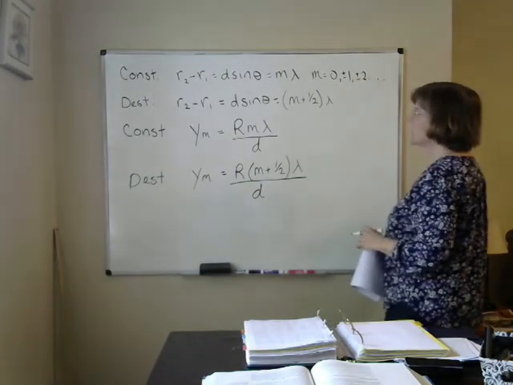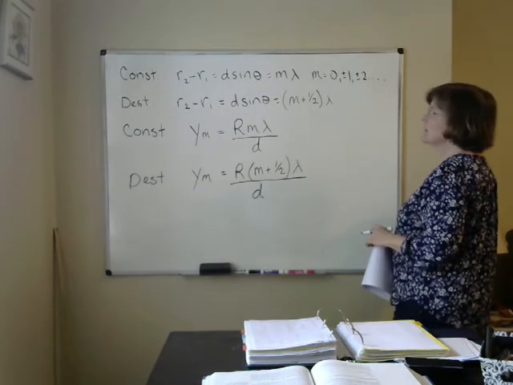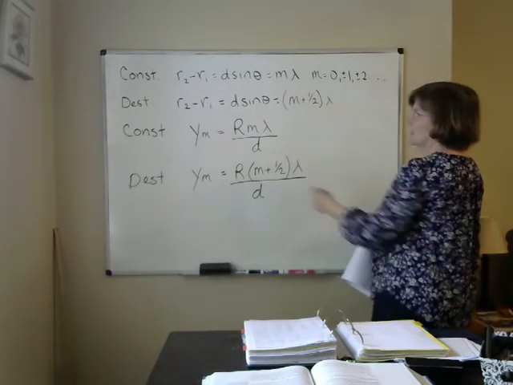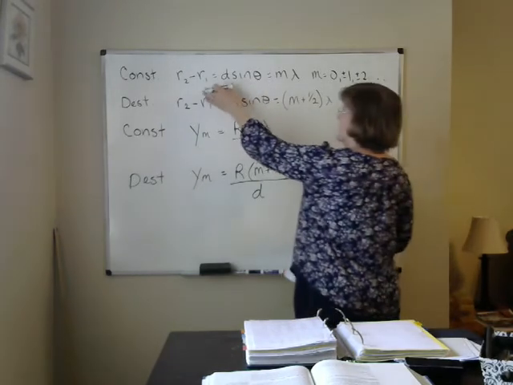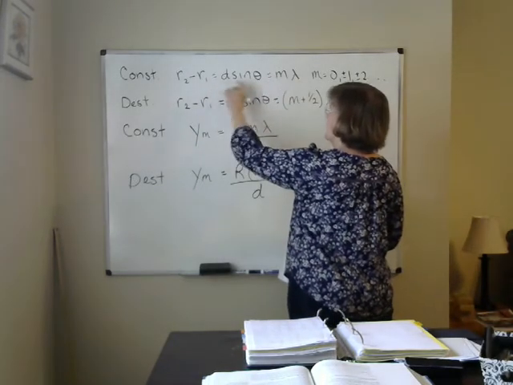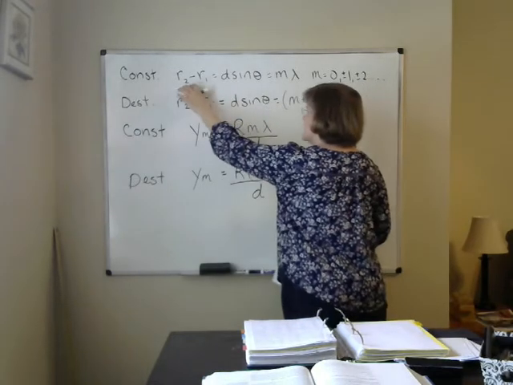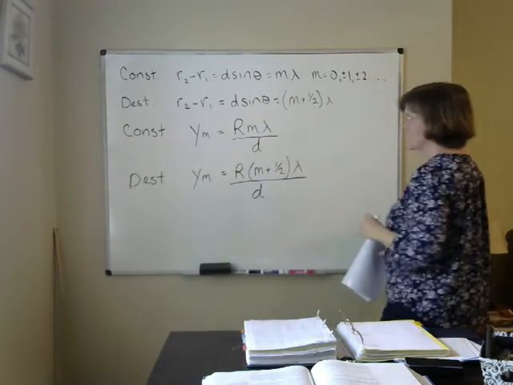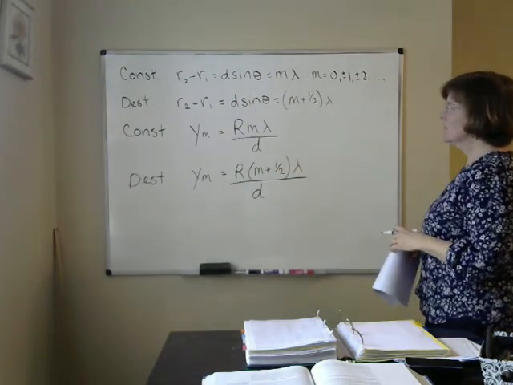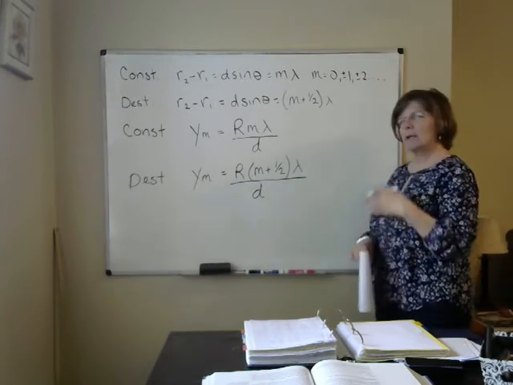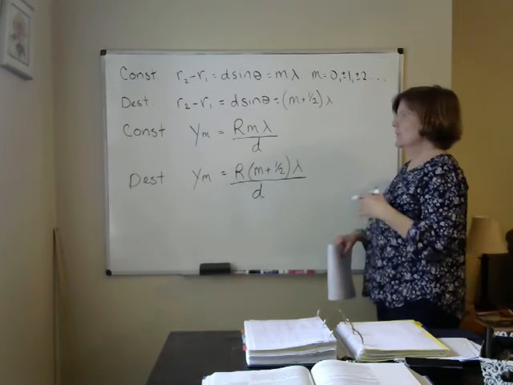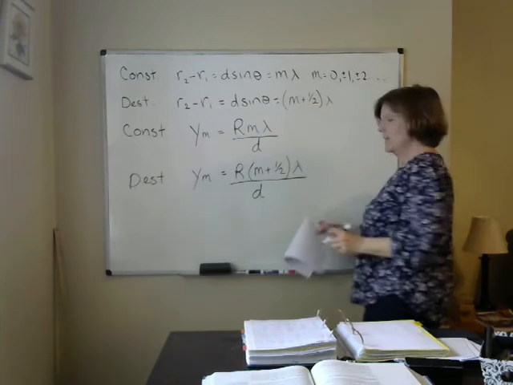So we've got really 4 really nice formulas. In a way, these would give us 2 formulas each. We use this d sine theta equal m lambda a lot, but we also use r2 minus r1 equal m lambda. Okay, so those are the formulas that will help you find both the location of the bright spots, or if you want to find the angles, we can find angles.